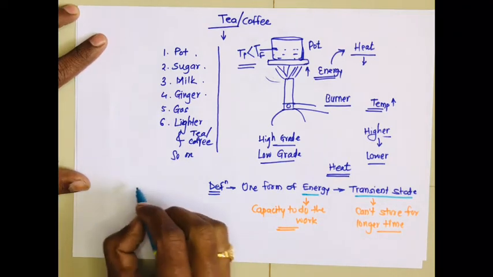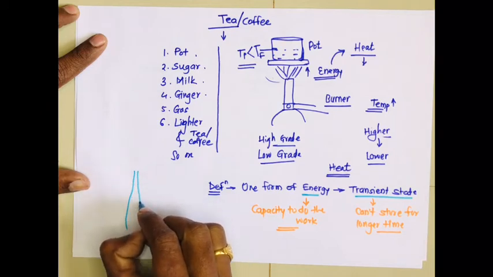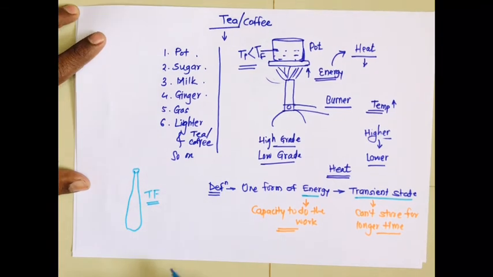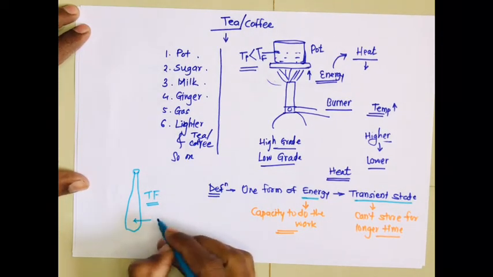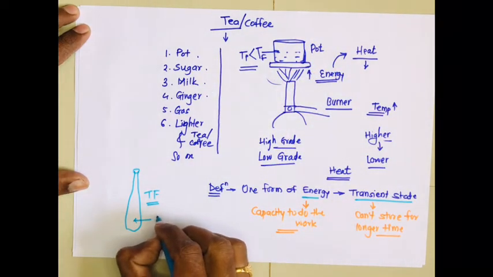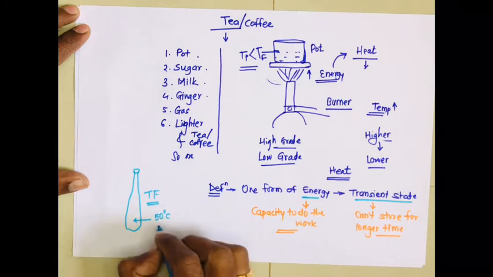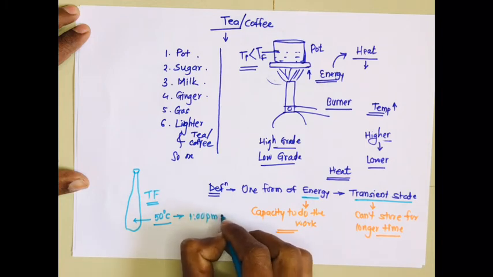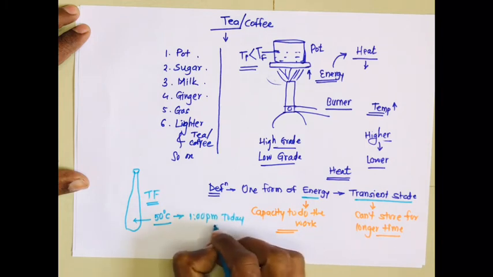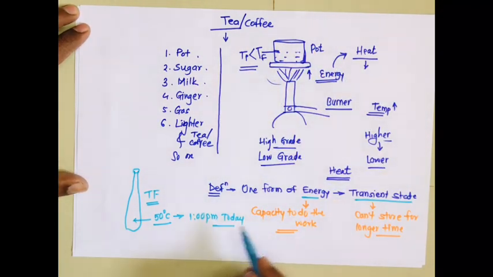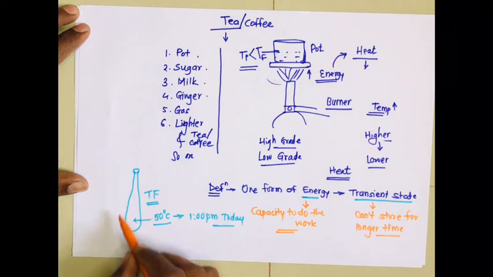Let us say that you are having one thermos flask, and inside this thermos flask the tea or coffee which we have prepared is kept, and its temperature is, let us say, 50 degrees Celsius. This we have kept at 1 p.m. today. Today at 1 p.m. we have prepared a cup of tea or coffee and kept it inside this thermos flask. I hope that everybody knows the meaning of thermos flask.